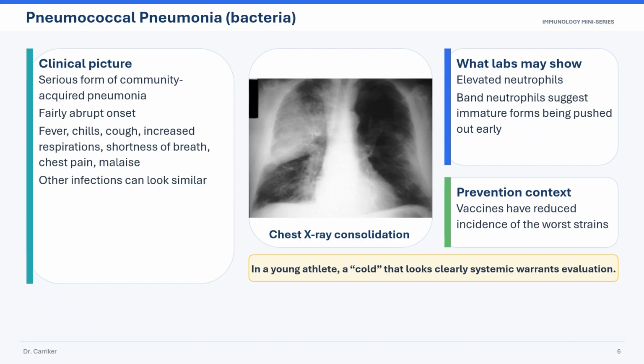Now, lab work may show elevated neutrophils and band forms, meaning that the body is pushing out immature neutrophils in response to this infection. On a chest x-ray, consolidation may appear as the white infiltrate that we see, and vaccines have reduced the burden of the worst strains, but again, this is still an important disease that we should make sure we catch and recognize upfront.